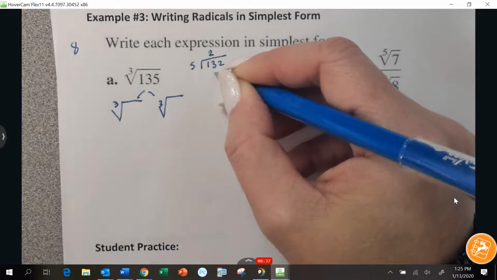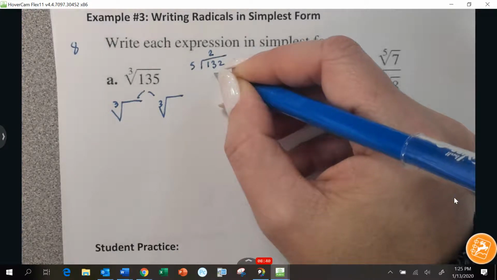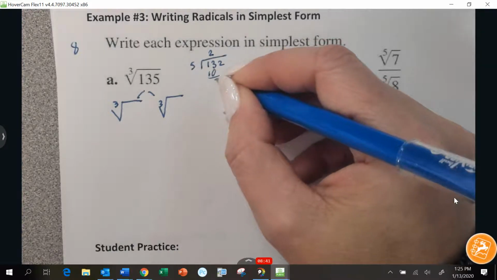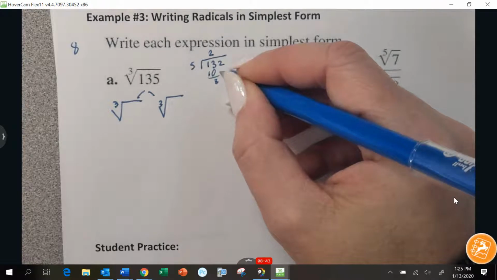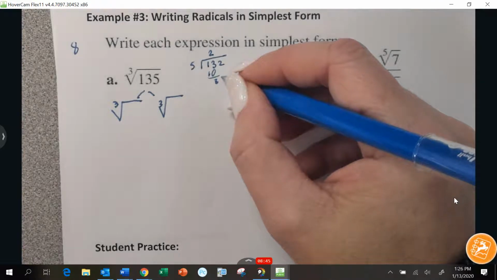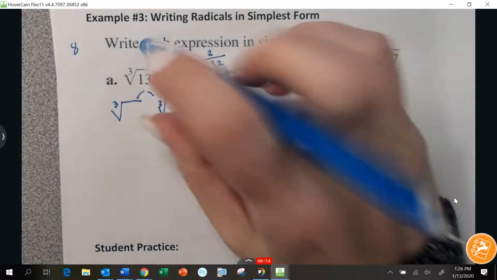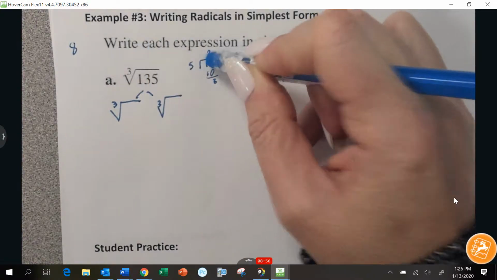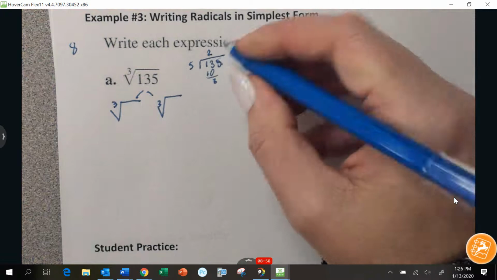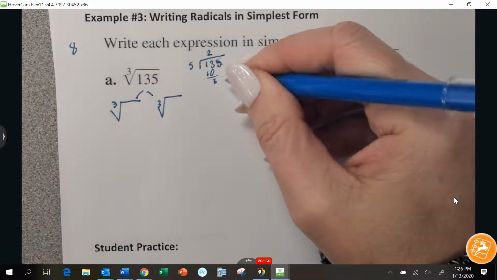I don't think it's 29. 26. Yeah, it's 26. I'm dyslexic. It's 26.